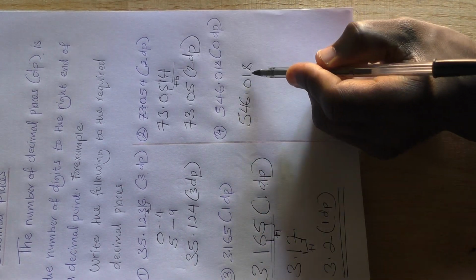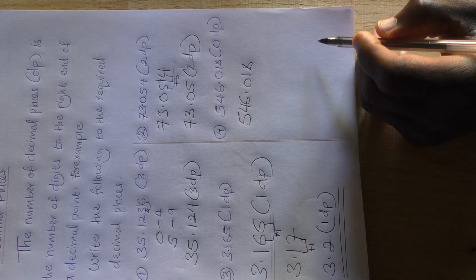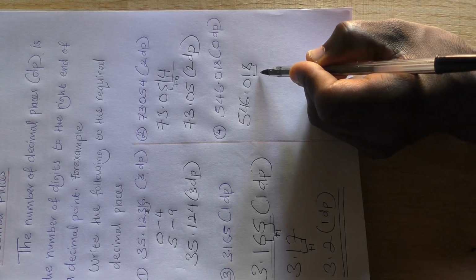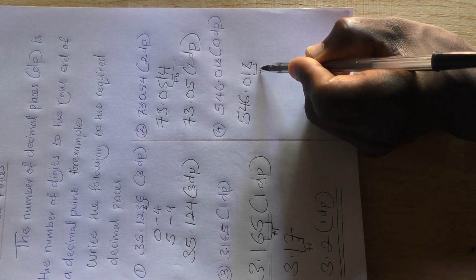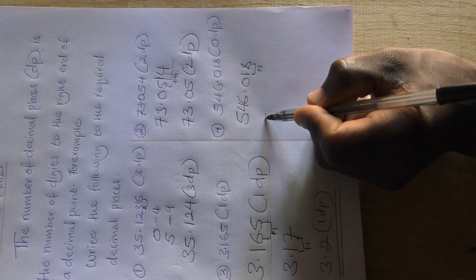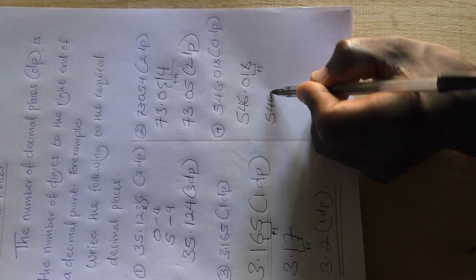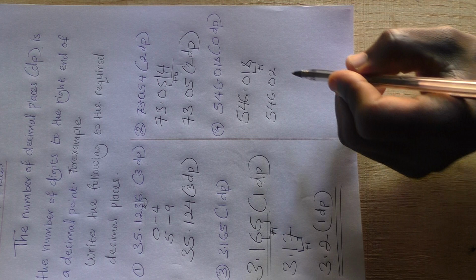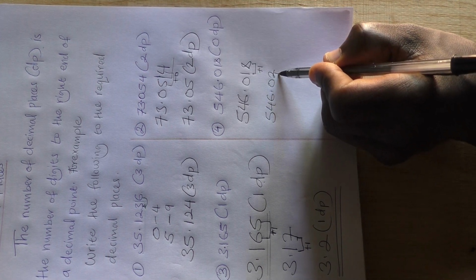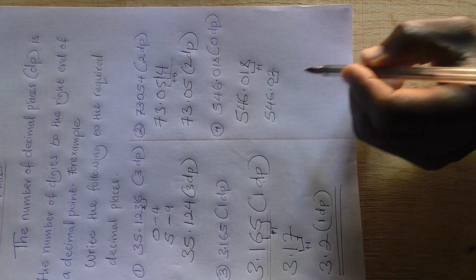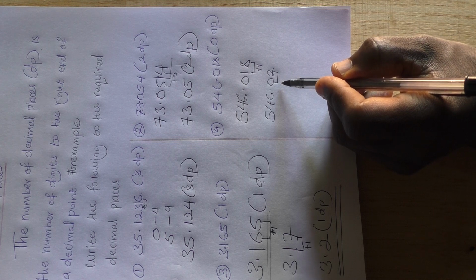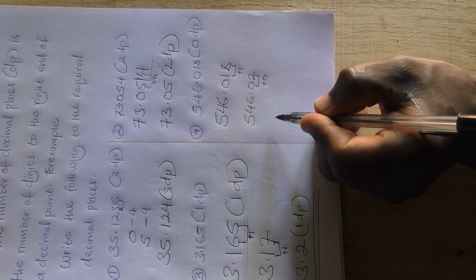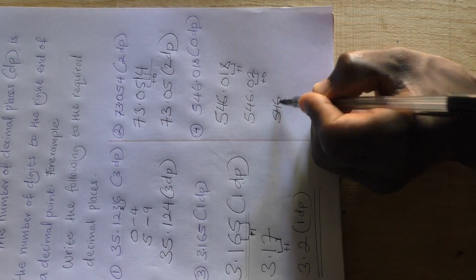We start with the last digit and round off to the second. Since it is 8, we add a 1 to give us 546.02. Still, we round off to the next. Since it is in the range of 0 to 4, we add a 0, hence giving us 546.0.